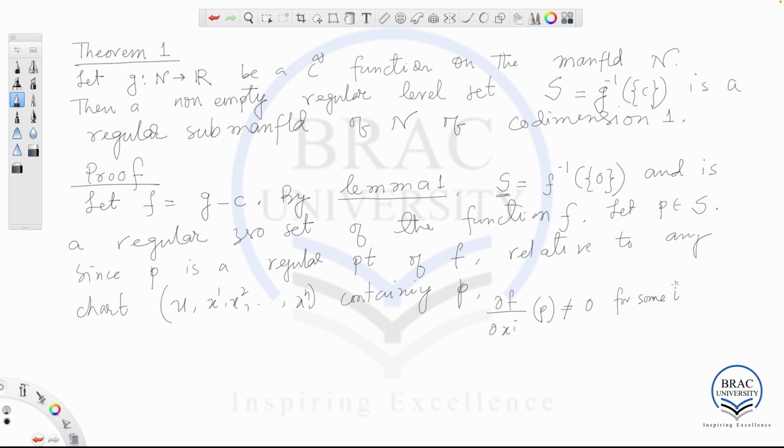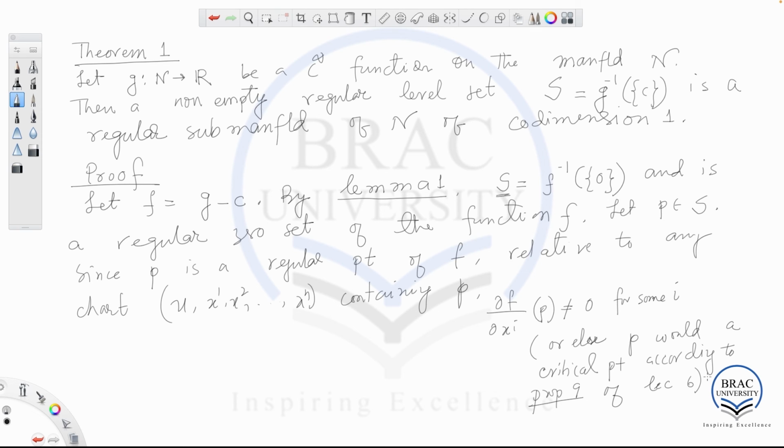Okay, this is so because, or else P would be a critical point if this is equal to 0 for all i, according to proposition 9 of lecture 6.